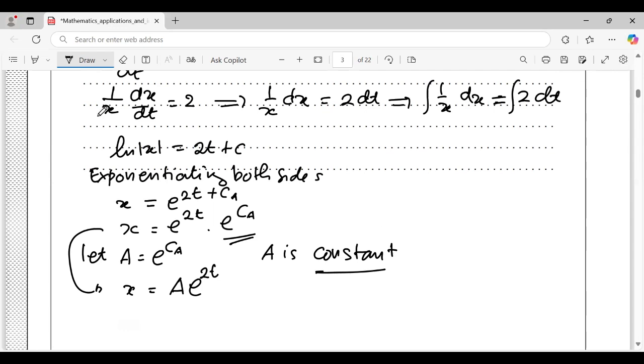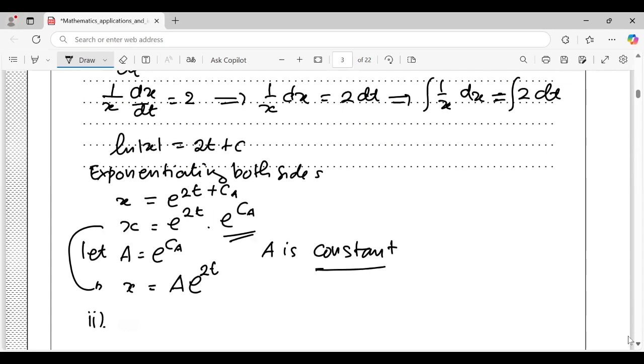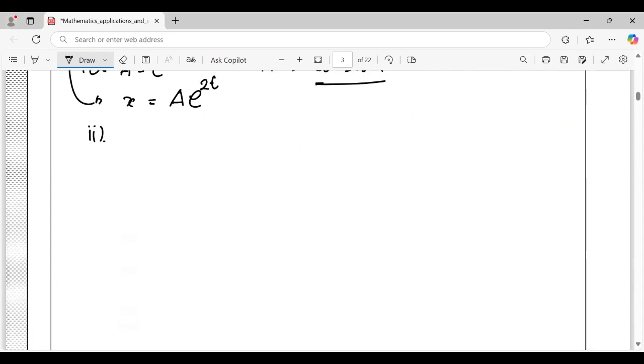And next, second, dy/dt equals minus 3y.